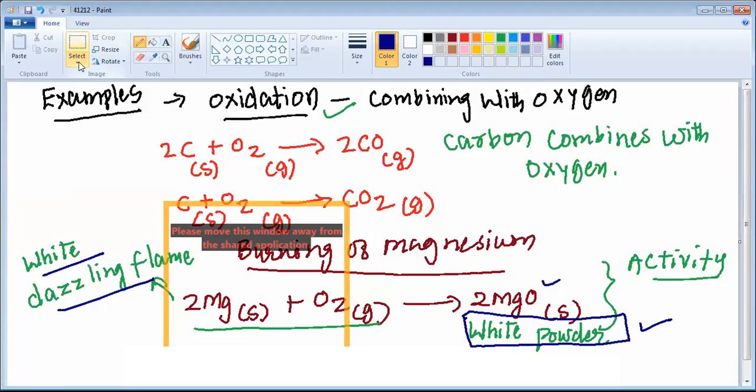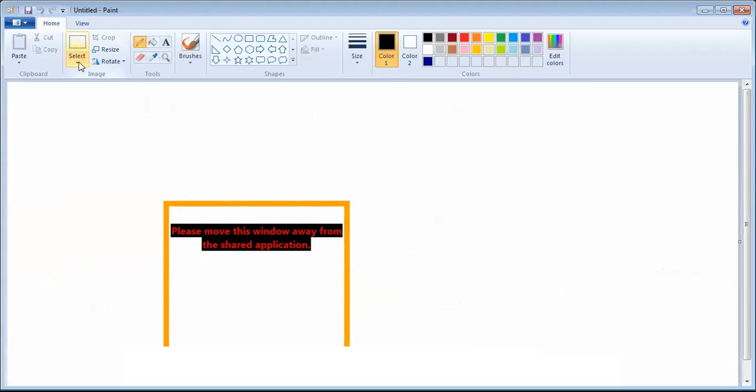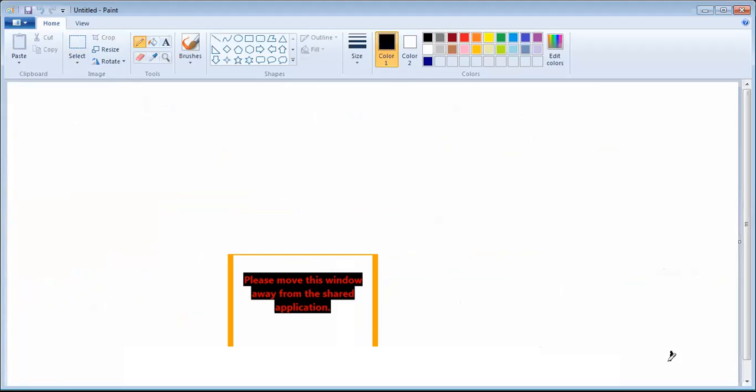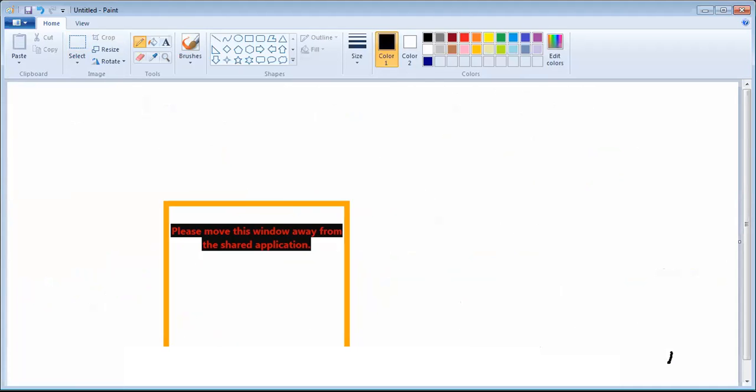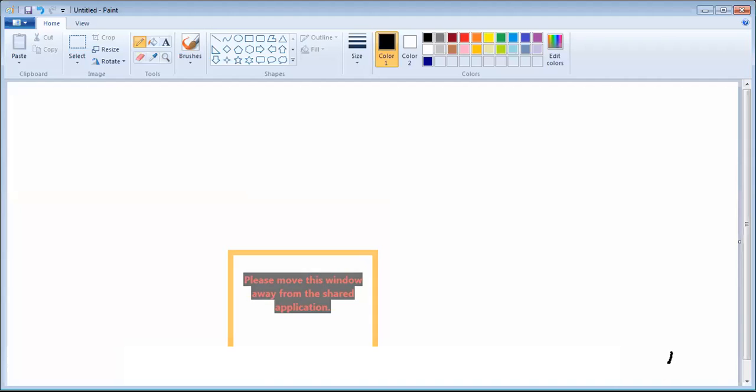Now let's move forward and understand a few more examples of the combination reactions. Let us study more examples of our combination reactions. Just 1 minute, my dear students.